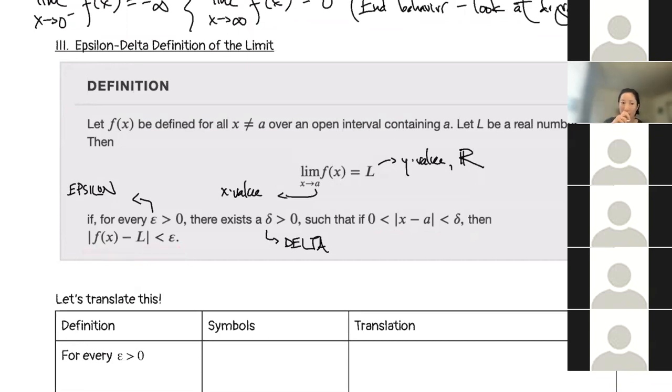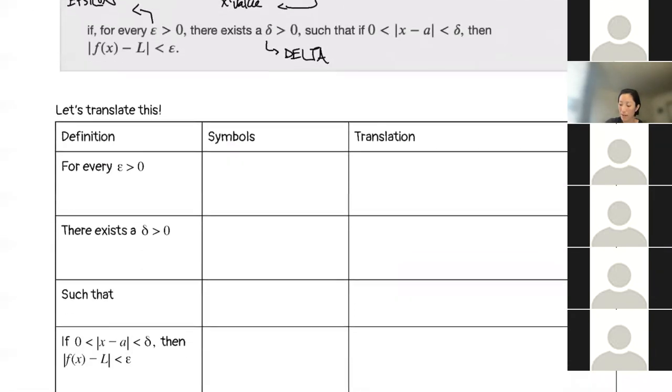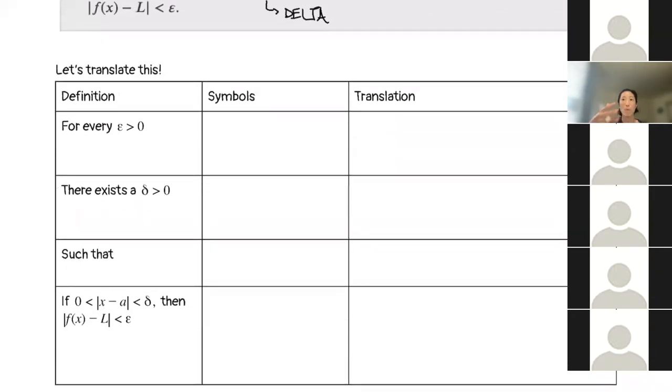We're going to translate this in terms of some symbols. The symbols we're going to look at are slightly a bit of a bonus, so don't worry too much about them.